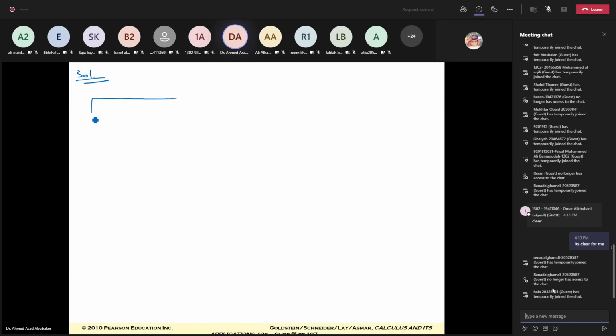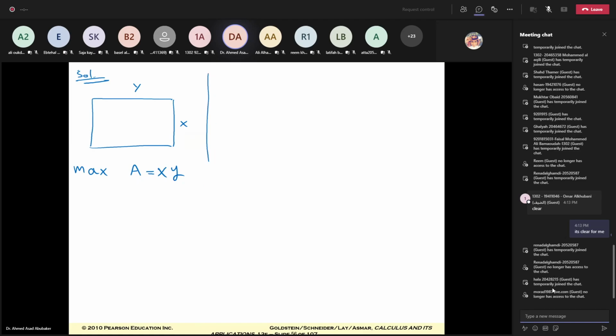We have a rectangle with two dimensions x and y. We need the maximum area, which equals x multiplied by y. To convert the area to one variable, the fence equals x plus y plus y, which must equal 300.